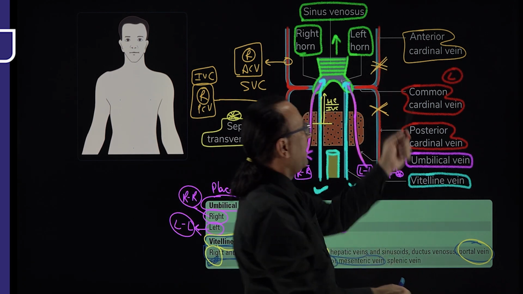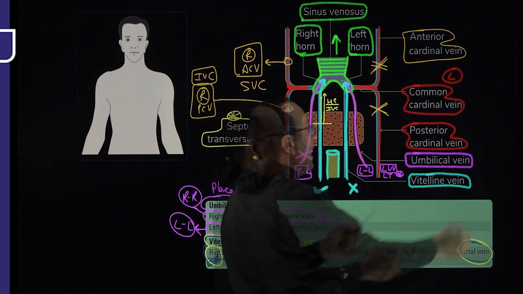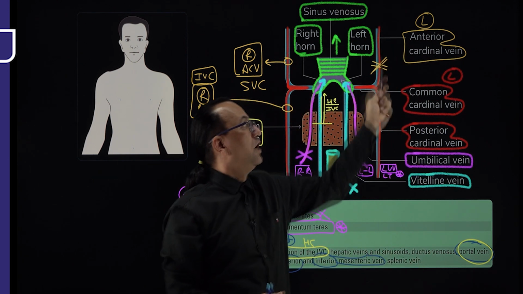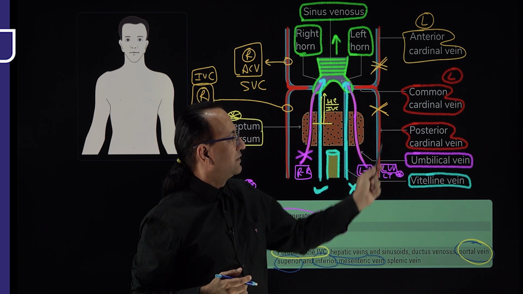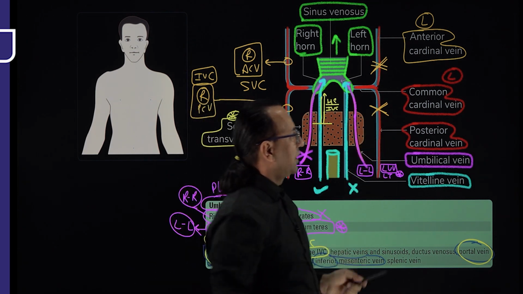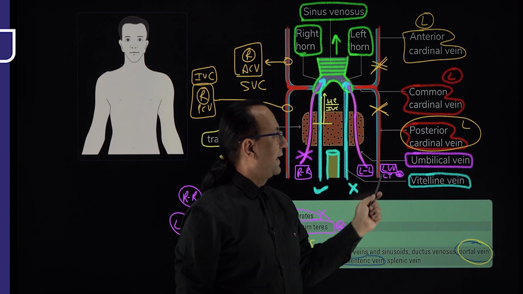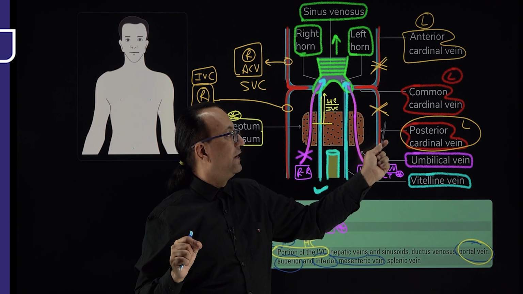So what will happen if I have persisting anterior cardinal vein on the left side? If you have persisting left anterior cardinal vein, you will have double superior vena cava, which is an anomaly. Similarly, if you have persisting left-sided posterior cardinal vein, then you will have the double inferior vena cava, which is again an anomaly. Normally, they should regress.